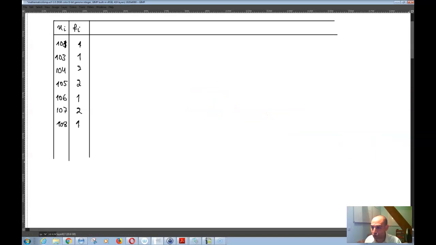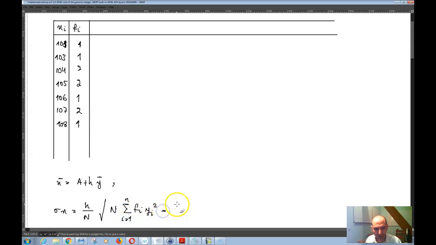So using the shortcut method, we said that basically x bar is equal to a plus h times y bar. I need my y bar here, and also we said that sigma of x is equal to h over n times the square root of n times sigma of f of i y of i squared, as i goes from 1 to n, minus sigma of f of i y of i whole squared.